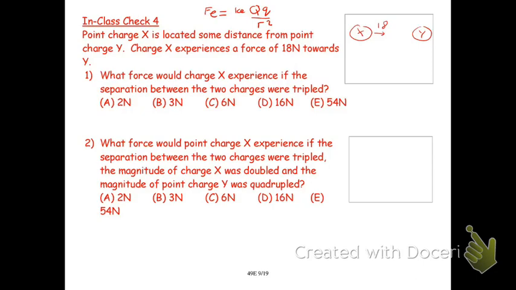So if I make the separation bigger, the force would not be 18, but 18 over, and what did I do to the distance? If I triple the distance, that would be 1/9. So it would be 18 over 9, which is 2 newtons.